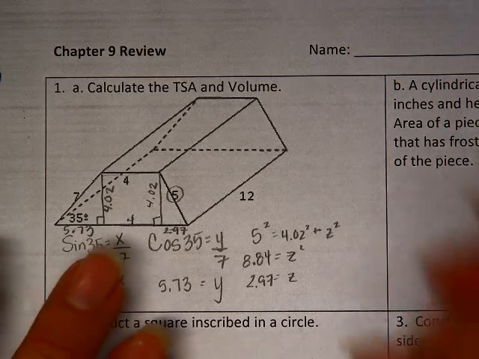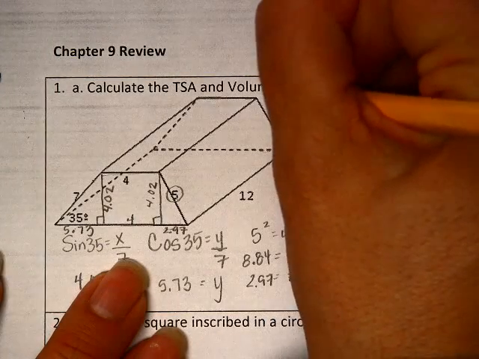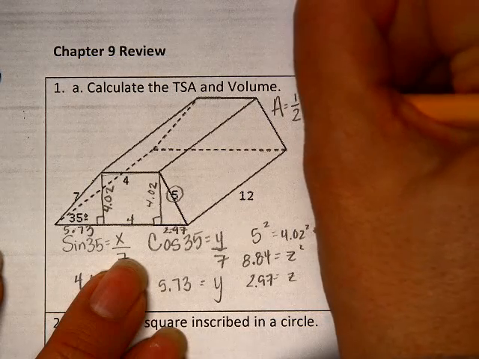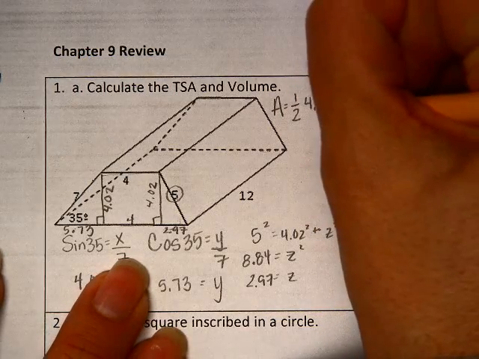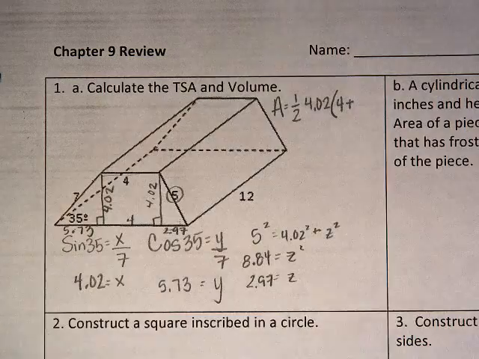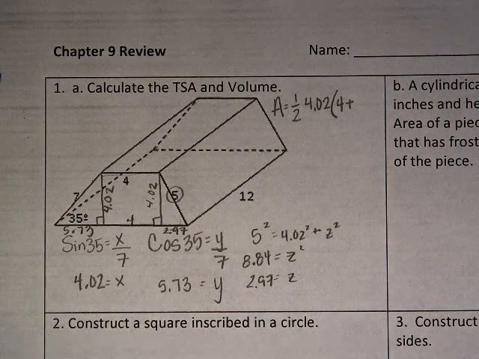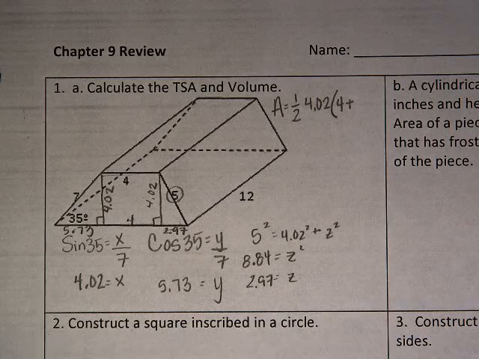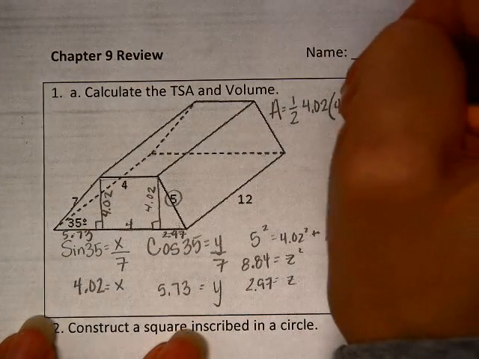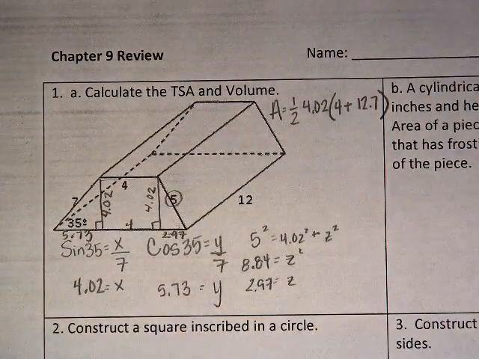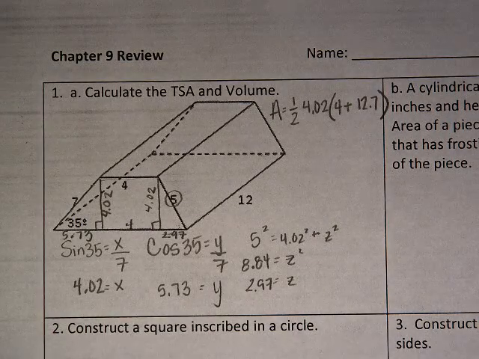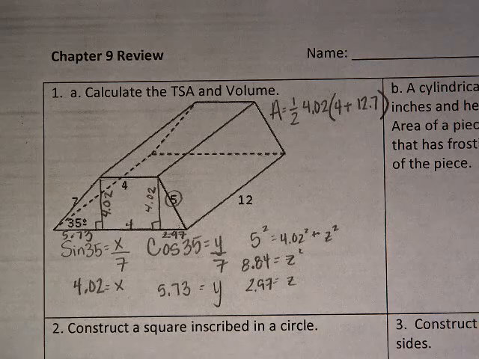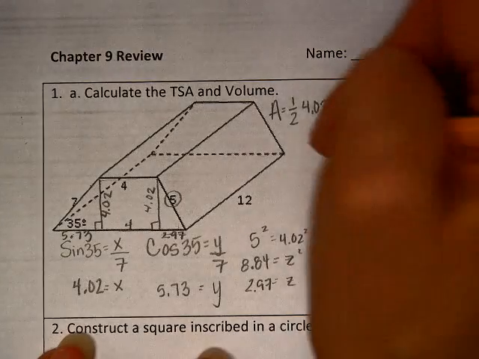So for the area of my trapezoid, we've got 1/2 of the height times the two bases added together. And the bottom base is 4 plus 5.73 plus 2.97, which is 12.7. So I'm going to go ahead and add the two bases together, times it by 4.02, and then divide by 2.